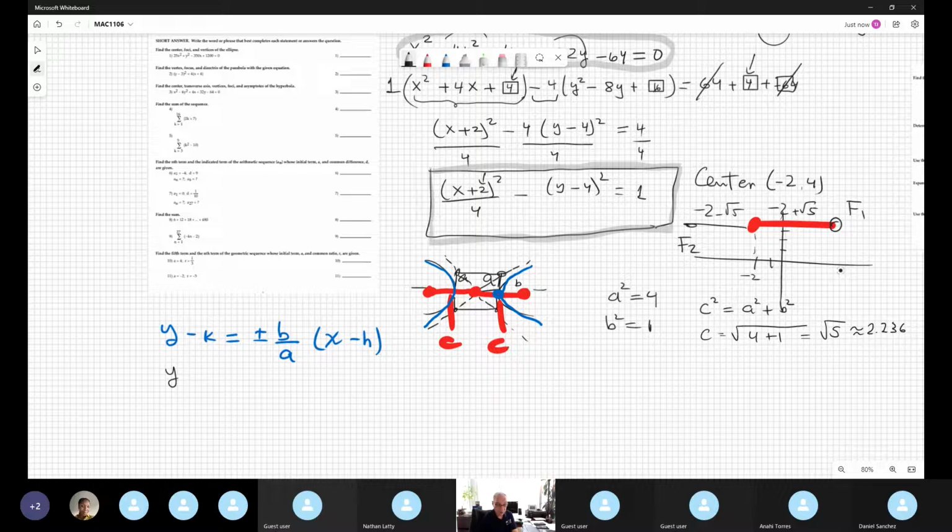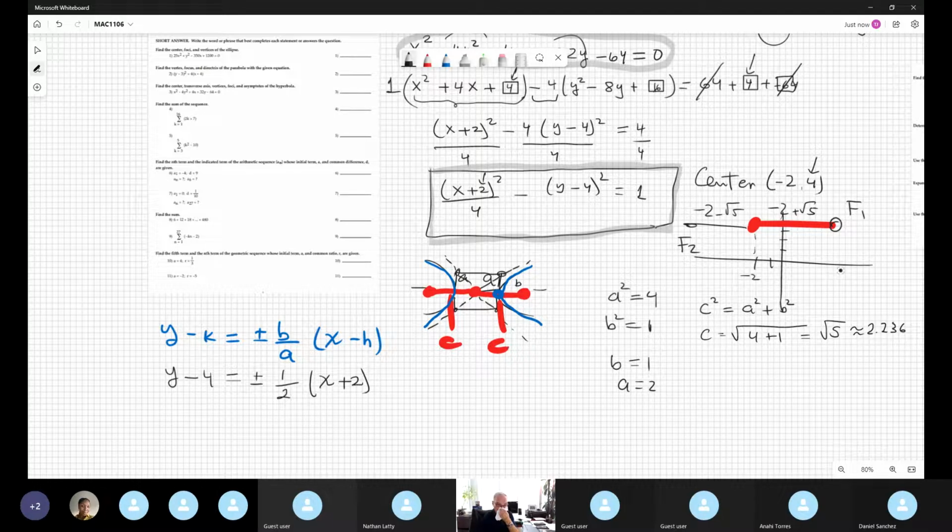In our specific example, y minus k, but k is 4, so y minus 4 is equal to plus or minus b over a. B is 1, a is 2, because it's the square root of 4. So 1/2 times parenthesis x plus 2, because h is negative 2.